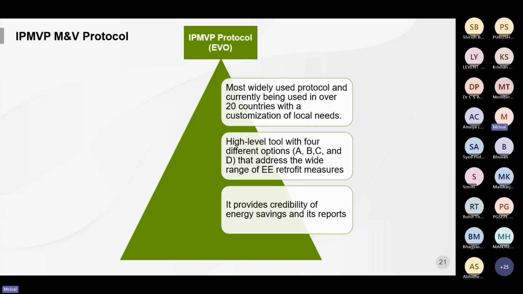This protocol comes with high-level tools with four different options for the M&V, that is option A, option B, option C, and D, which are designed to address a wide range of retrofit measures. For example, if your objectives are different, you can choose from other options. But if your objective is different for the same technology, then you can choose different options. It also provides credibility of energy saving and its report. So we are going to cover the M&V protocols as per the IPMVP.